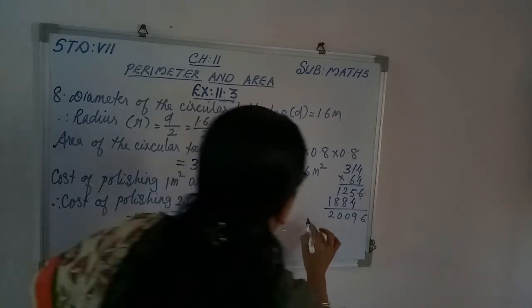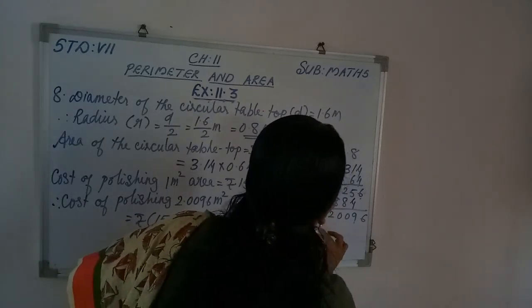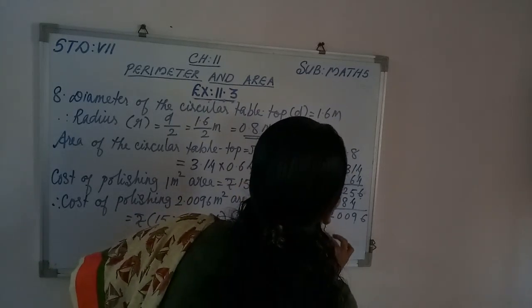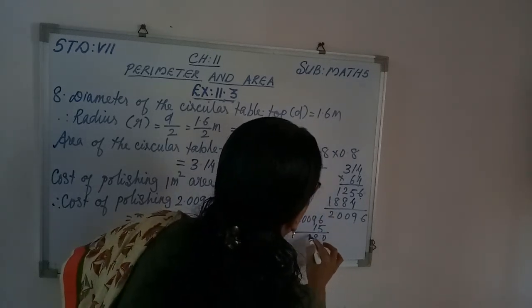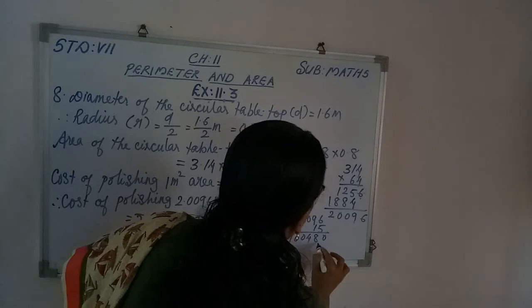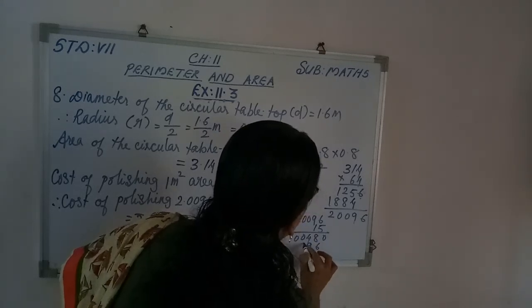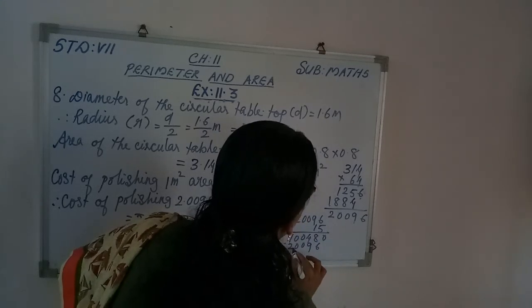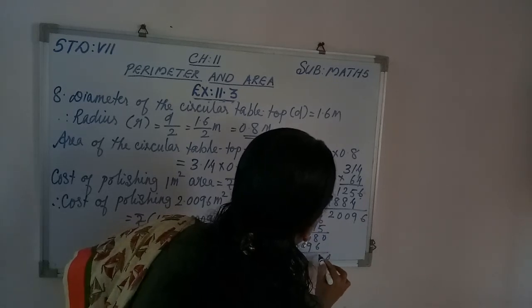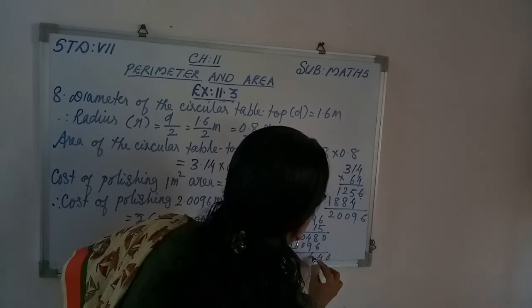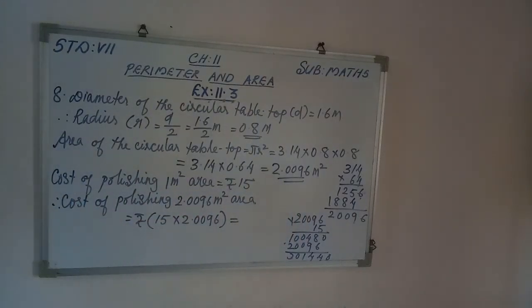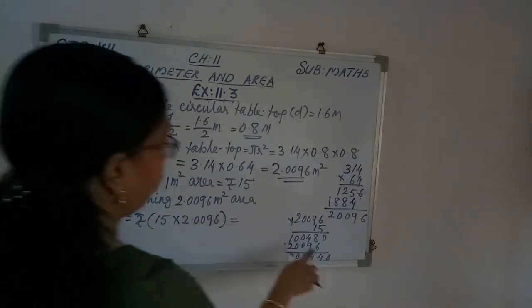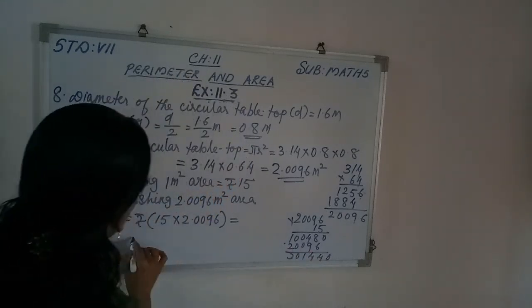That's equal to, multiply and find out. So you will get the answer with how many decimal places? 4. 1, 2, 3, 4.